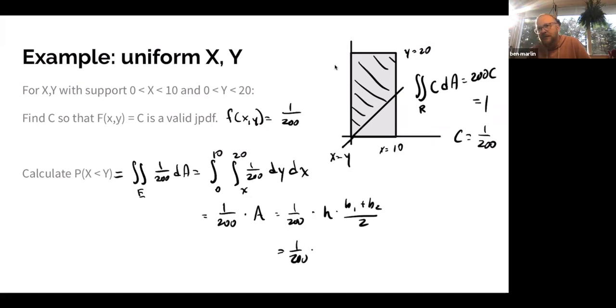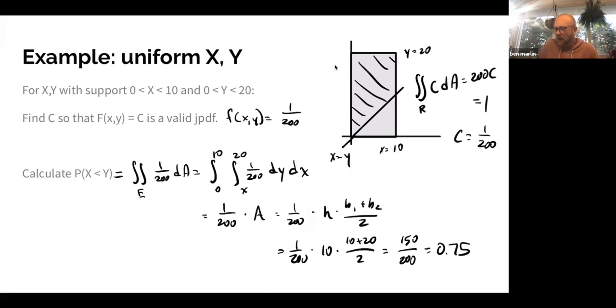The height there, I guess it's sideways height, but that height is 10. And base 1 and base 2 are 10 and 20. So that means that you end up with 150 over 200, which is 0.75, or if you prefer the fraction, 3/4.